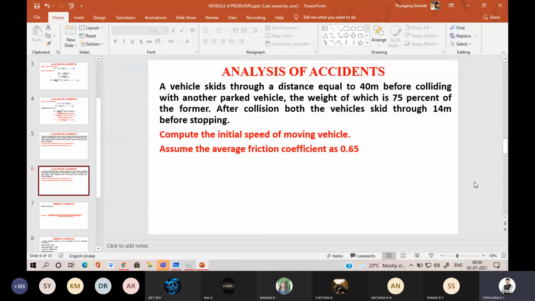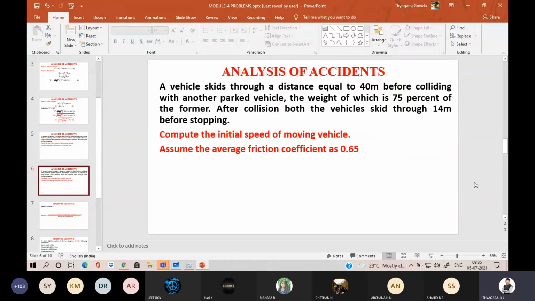Compute the initial speed of the moving vehicle. Assume average coefficient of friction as 0.65.